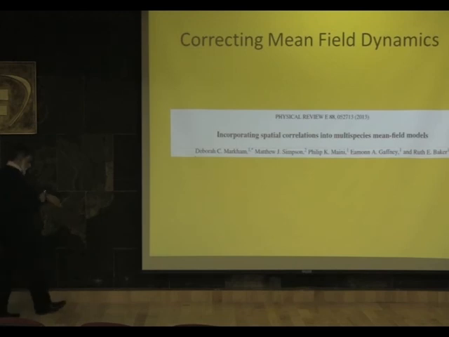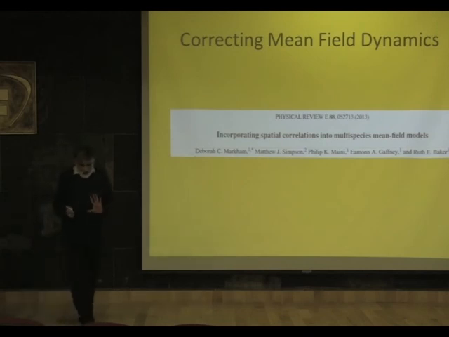So for the last minute or so, I just want to mention something I talked about earlier on: the idea that if you have a mean field approach, which assumes that you don't have volume, what happens when you correct that and do it properly?